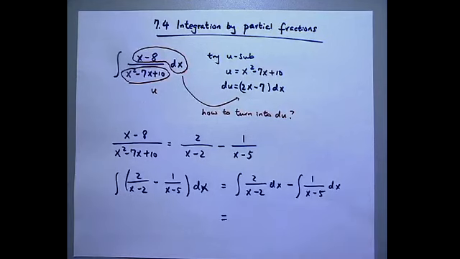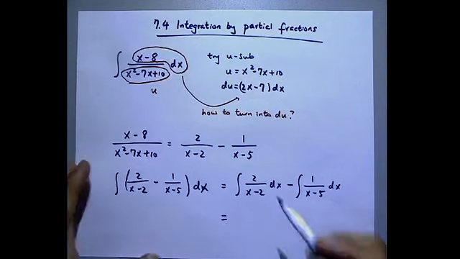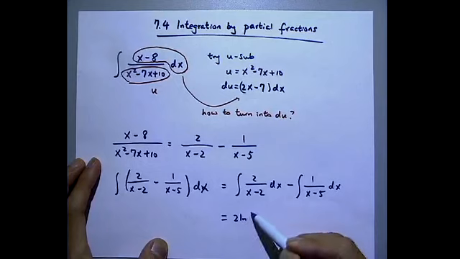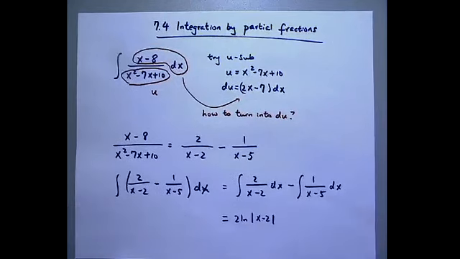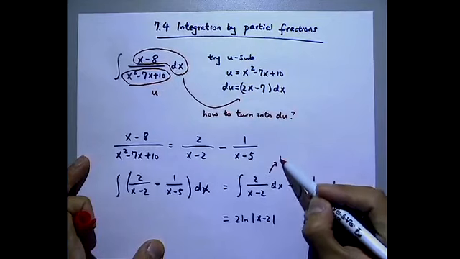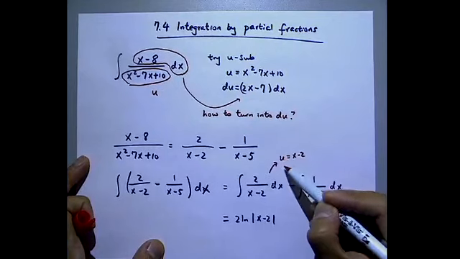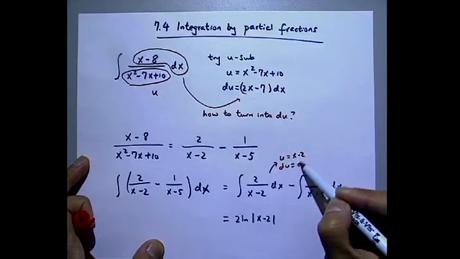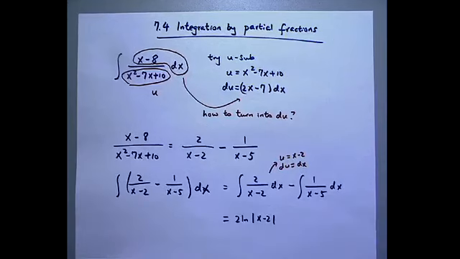Do you remember what the first one turned into? Right, 2 times the natural log of the absolute value of x minus 2. So how do you do that? In here, you let u be x minus 2, and du, of course, is then dx.